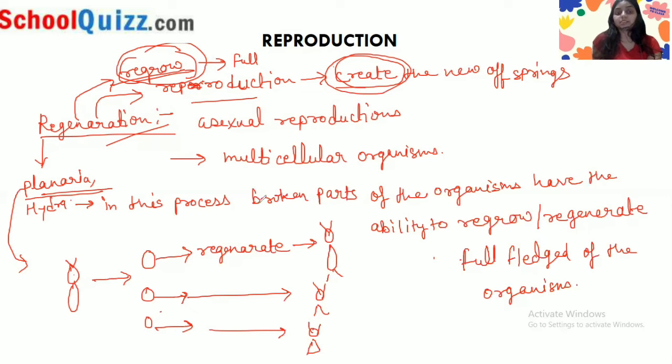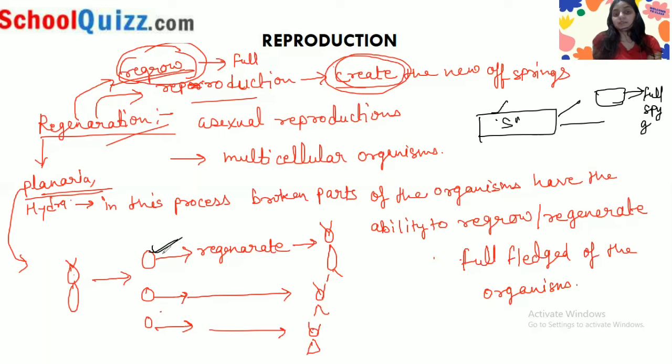In fragmentation we also see Spirogyra, which splits into fragments, and these fragments grow into a full Spirogyra. You might think fragmentation and regeneration are the same process, but they are not. You can see here these are the broken parts, and these are regrowing. Sometimes it is regrowing only the parts.